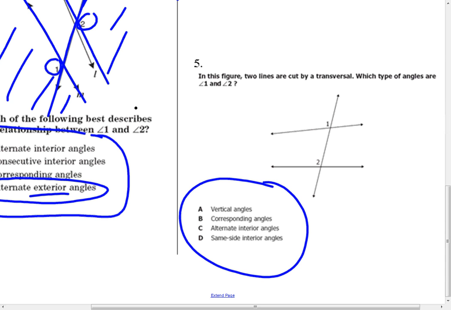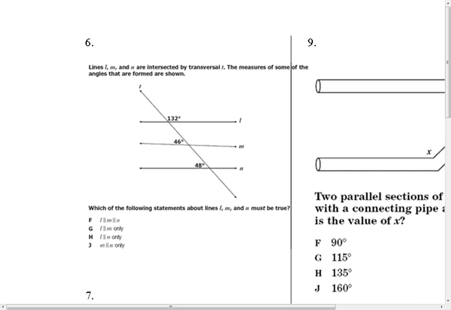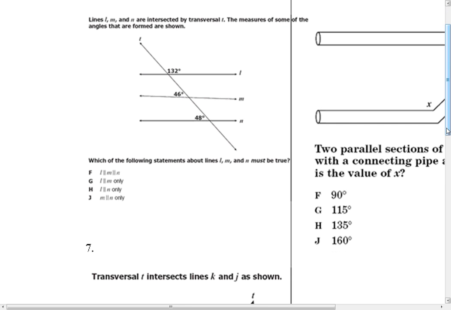Once again, we are looking at corresponding angles. Same position within the system, up and to the left. Next page. Another question similar to the one on the previous page. Raise your hand, tell me what I'm looking at. Which ones are actually parallel? Tim?